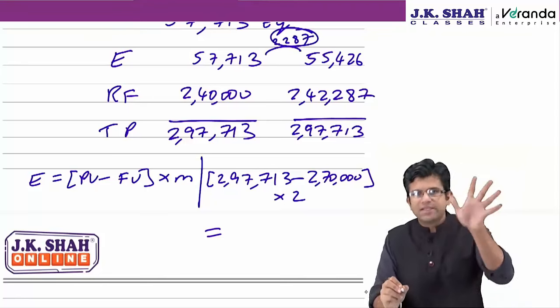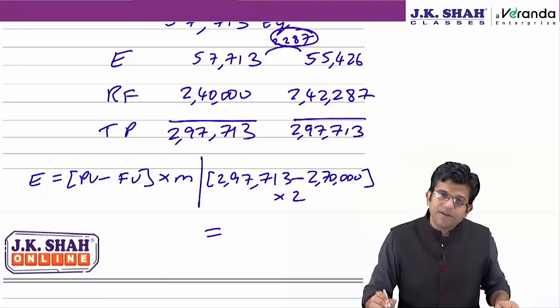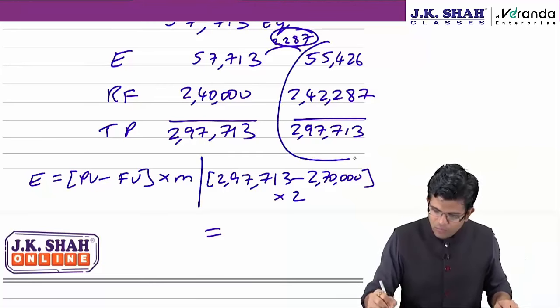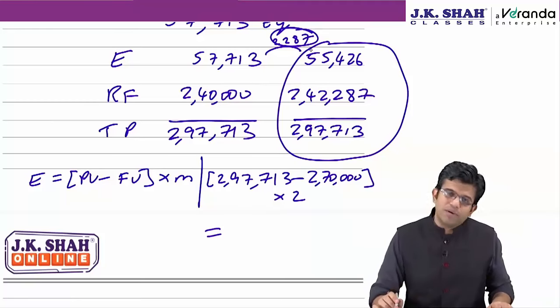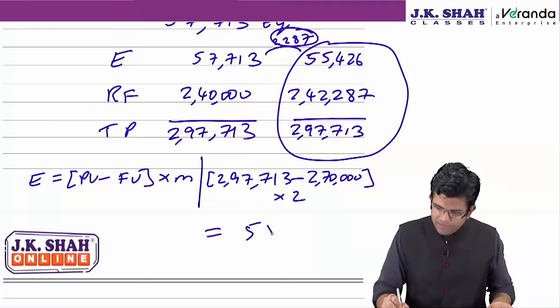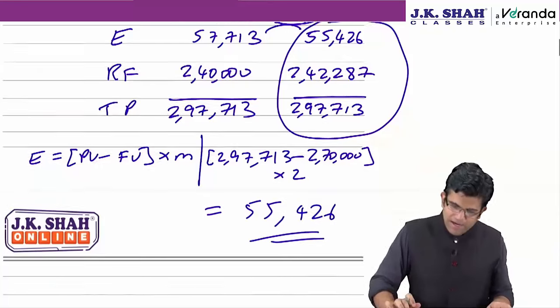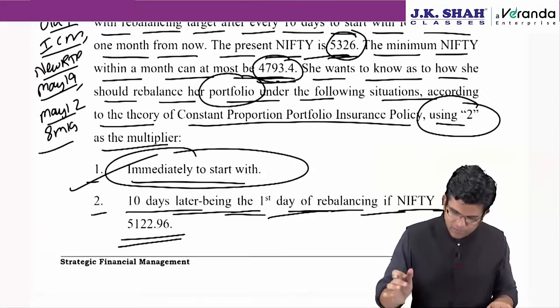From equity you will sell off 2287 and invest in the risk-free assets, thereby making this new portfolio appear like this. Students, I hope you understood this particular calculation.